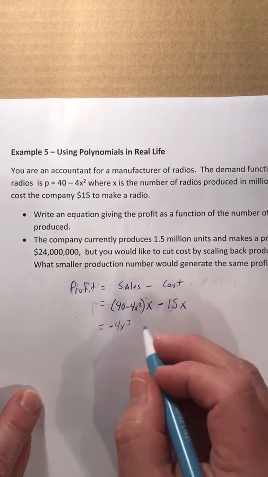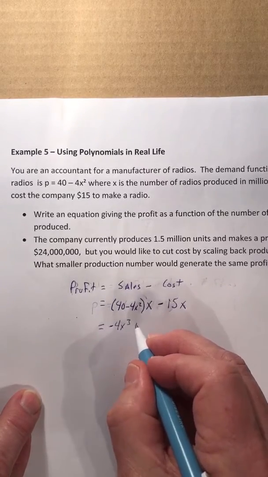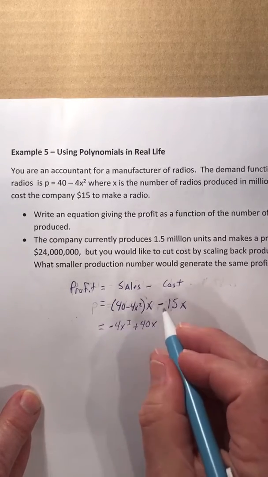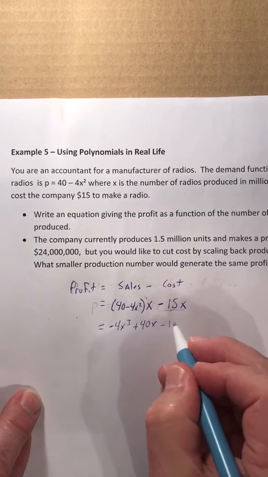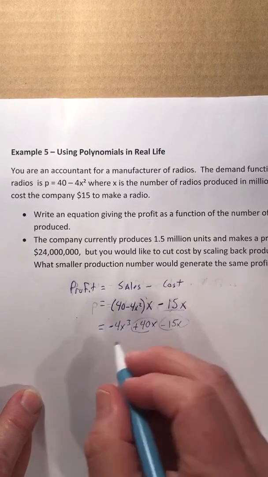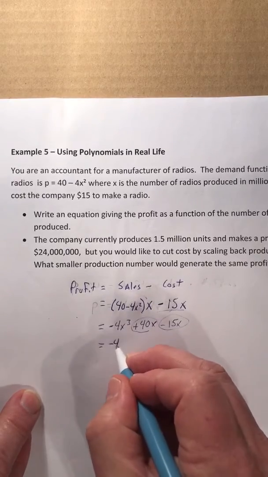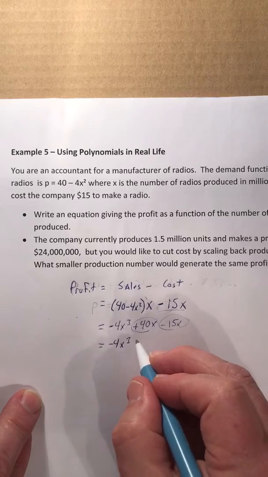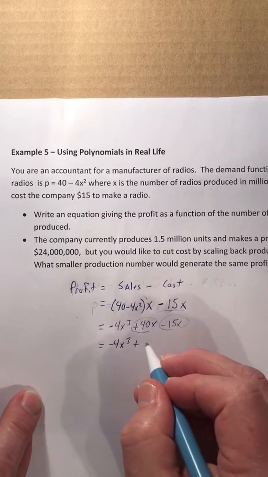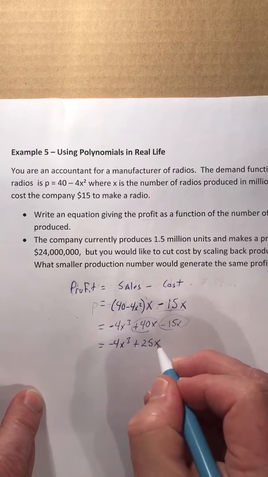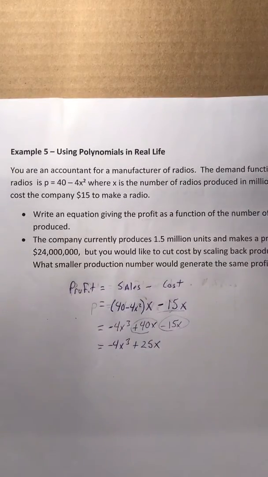And then times the 40x, so it's going to be plus 40x, and then bring down our minus 15x, combine our like terms, and that gives us a negative 4x cubed plus 25x.